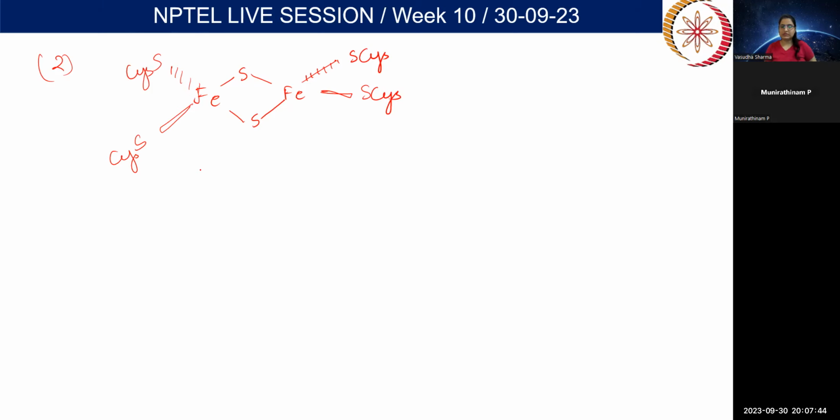Here also it's an electron transfer thing. When we have both irons over there, only one electron can transfer at one time. So in the oxidized form, both irons would be in plus 3, and in the reduced form only one electron would be transferred, so iron in plus 3 and iron in plus 2, right?